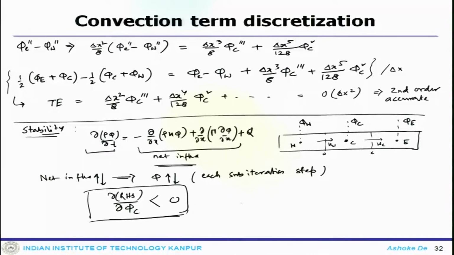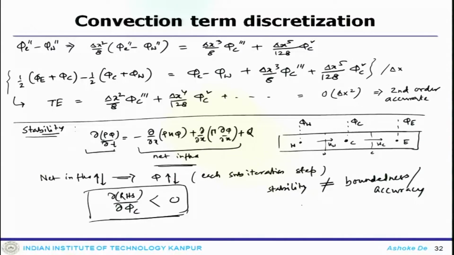However, stability should not be confused with boundedness or accuracy; they are not the same. A stable numerical scheme could actually be unbounded or give rise to some overshoot or undershoot or oscillations, wriggles, or can be very diffusive.